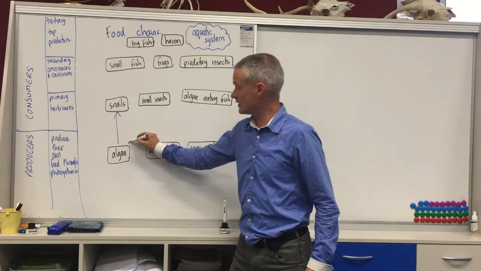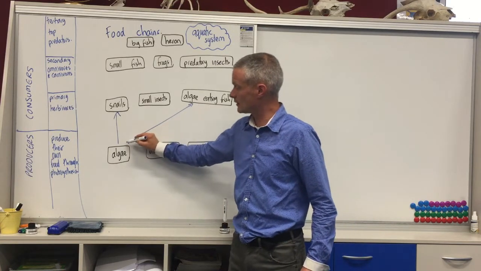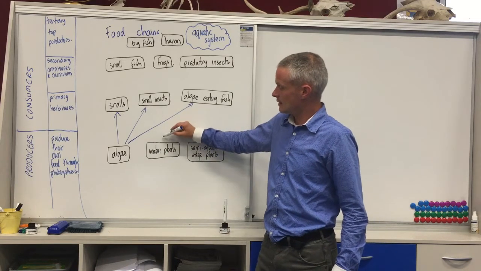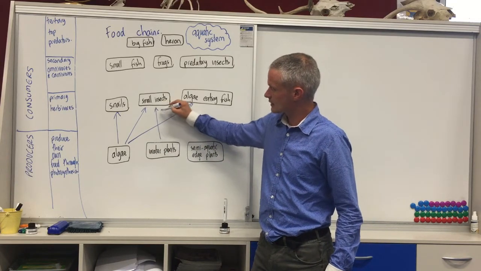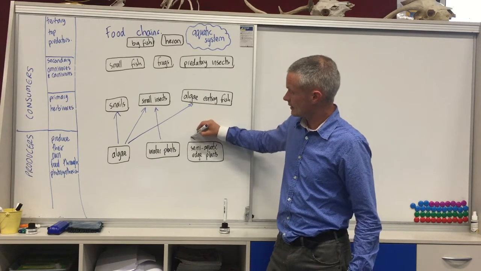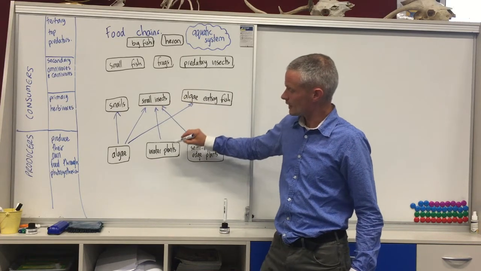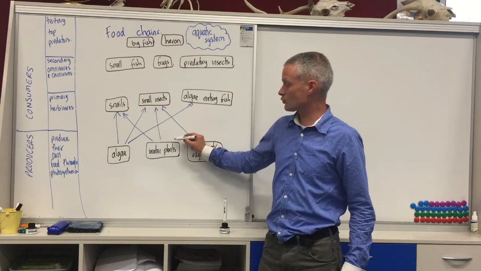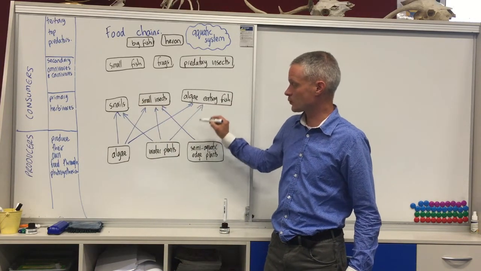And we've got algae-eating fish, and we've got insects that are probably eating algae too, and the small insects will also be eating the water plants and the edge plants. The snails will be eating the water plants, and the algae-eating fish will probably be eating the water plants as well.